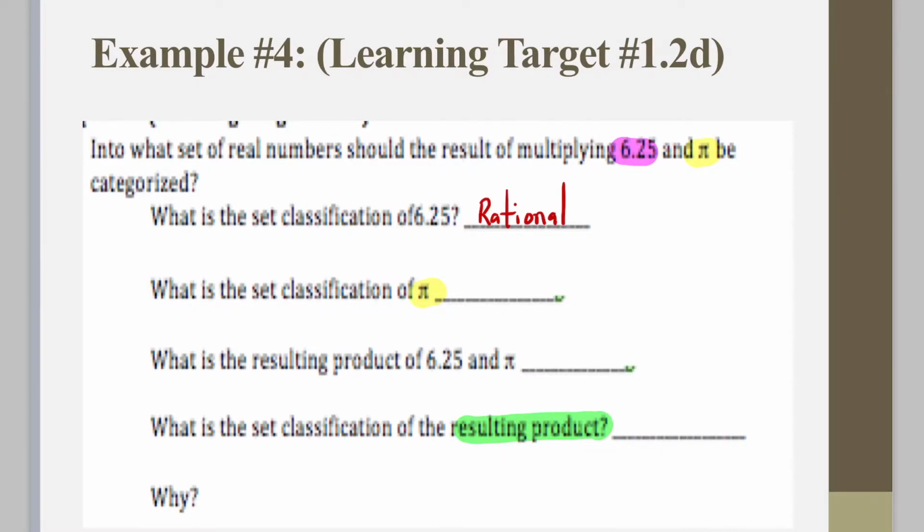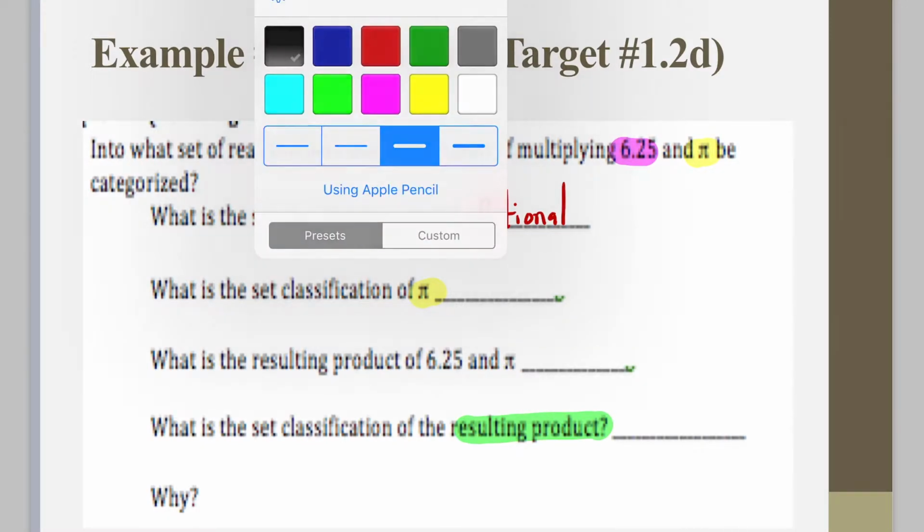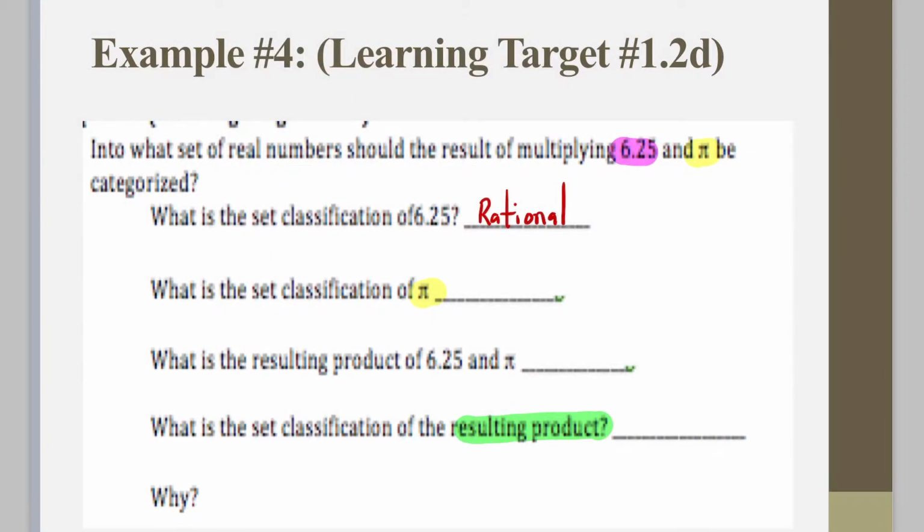And so if we were to convert pi into a decimal form, we would see that the decimal form is 3.141592658589793, and I could continue on forever. I'm just going to stop there.